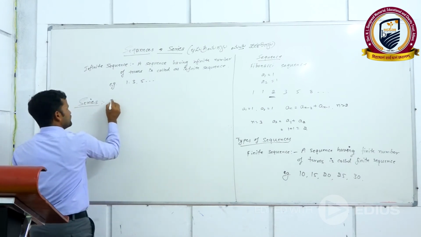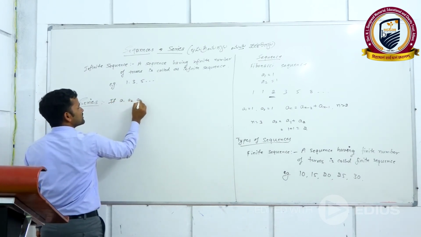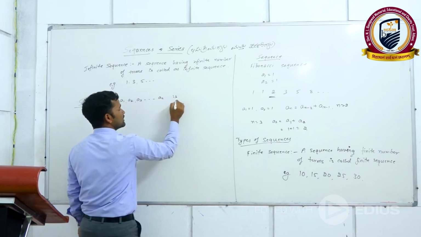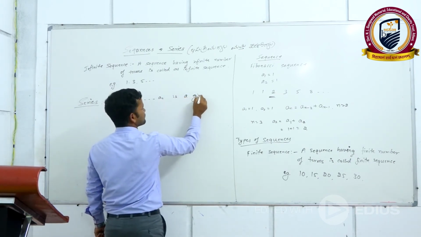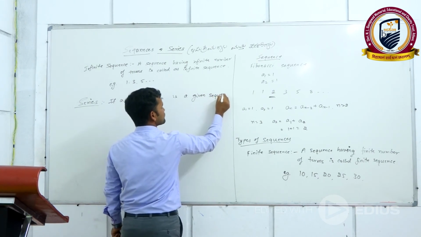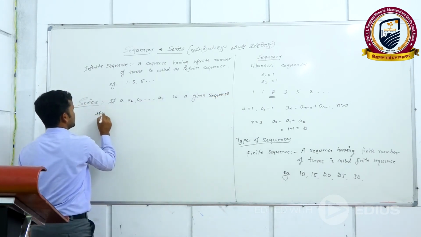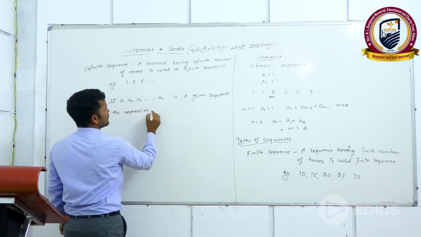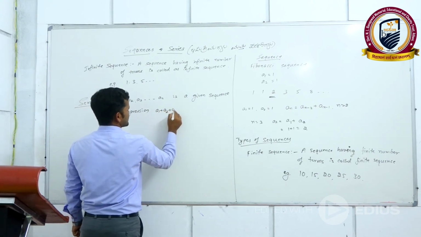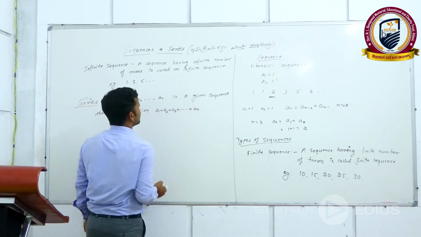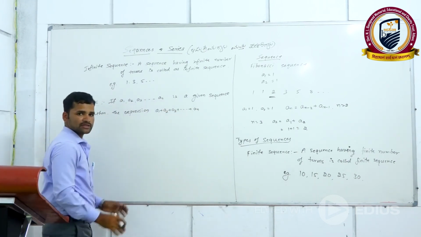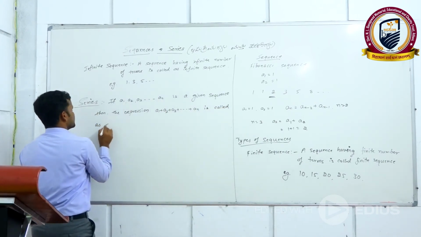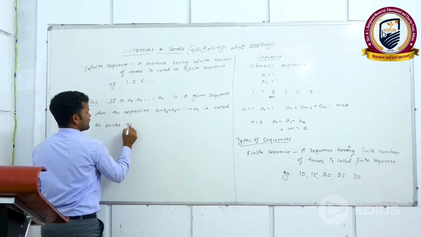If a1, a2, a3, and so on up to an is a given sequence, then the expression a1 plus a2 plus a3 plus so on up to an, that is, you have to take the sum up to an, is called the series associated with the sequence.